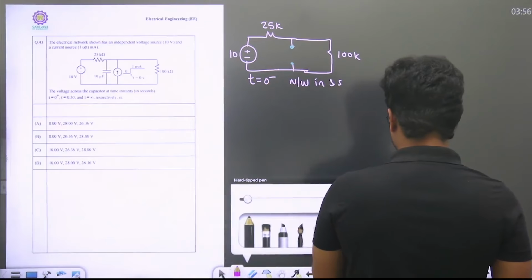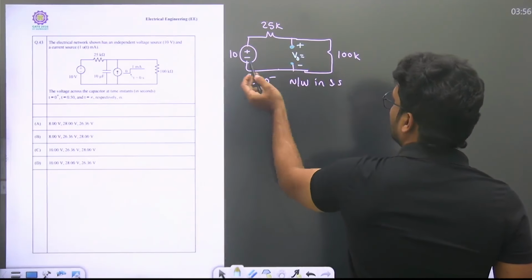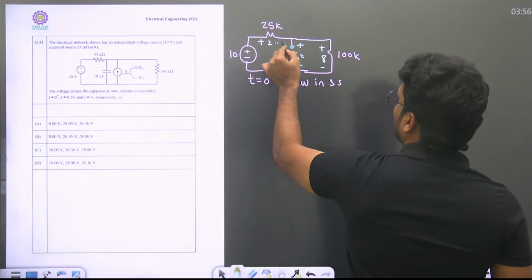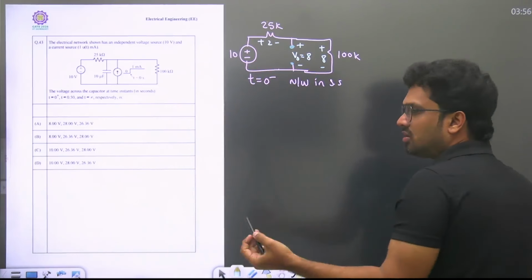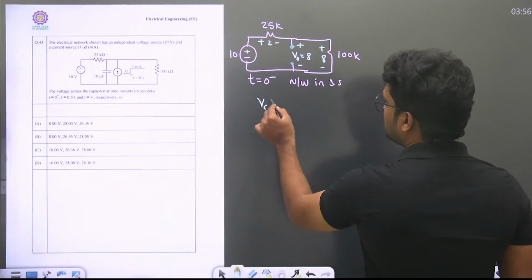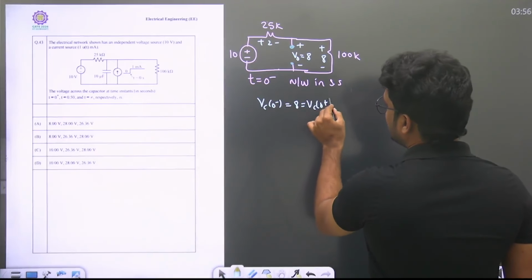Now, what is my Vc of 0 minus, or V0? Here by voltage division principle, this is 8 and 2. Vc of 0 minus equal to Vc of 0 plus equal to V0 equal to 8. So Vc of 0 minus is 8, equal to Vc of 0 plus.